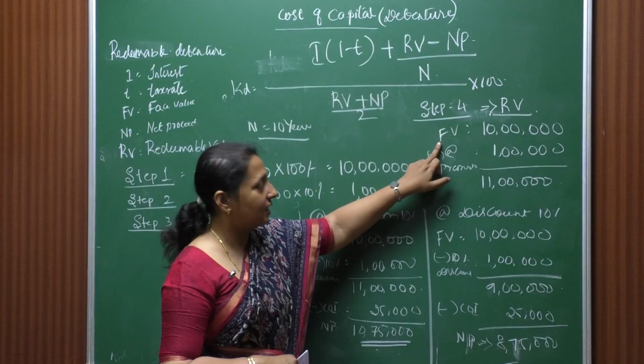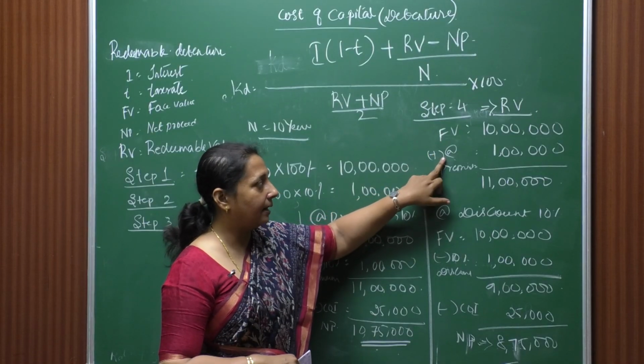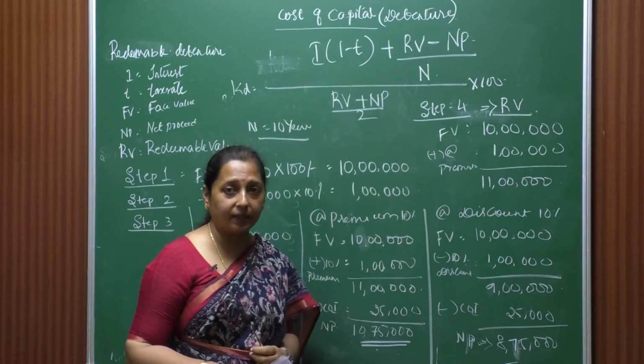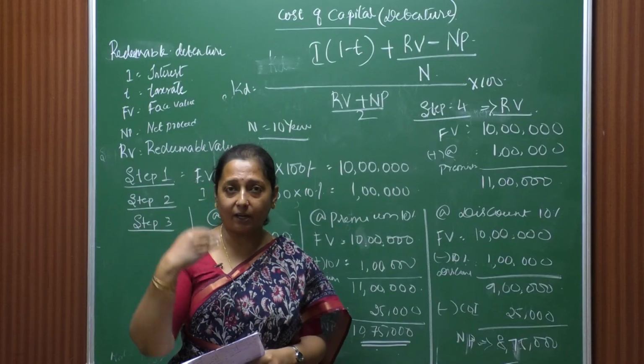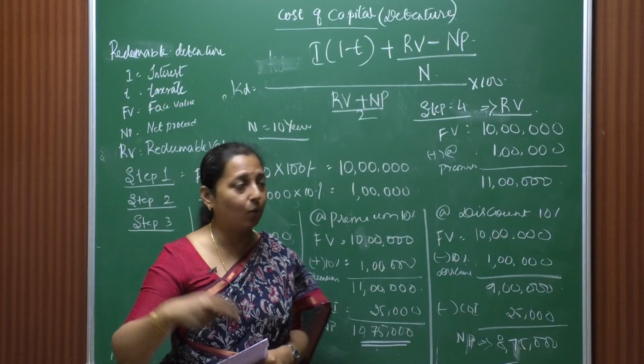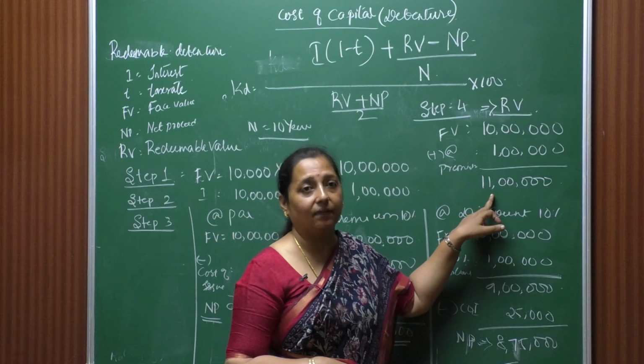So, here face value is 10 lakh and at 10%, that means after 10 years when I buy back your debenture, I will be giving you 1 lakh rupees extra, that is 11 lakh.